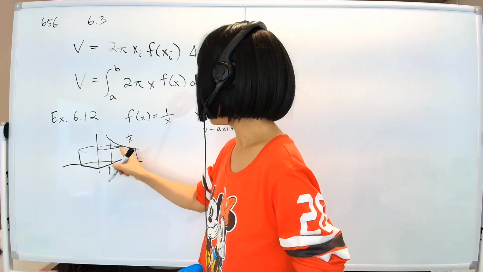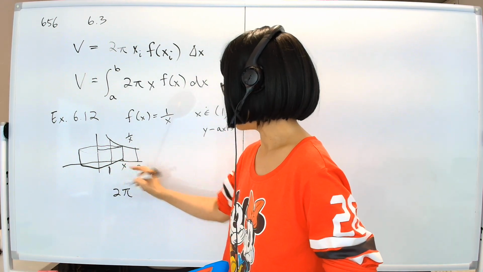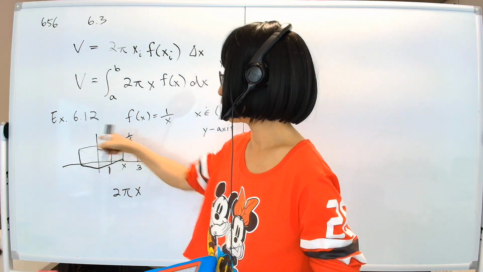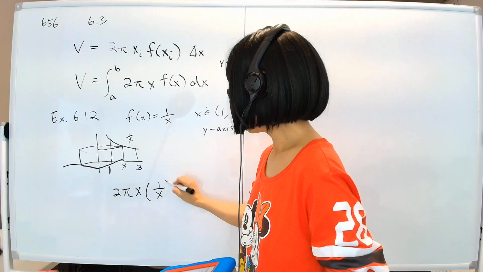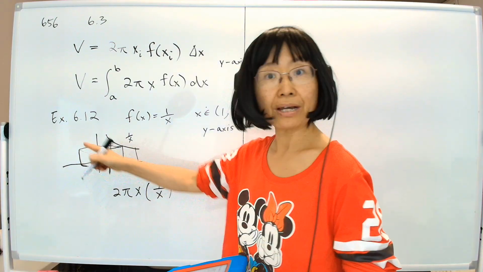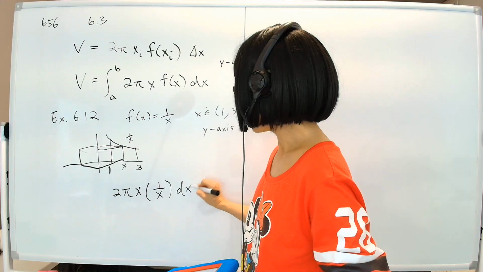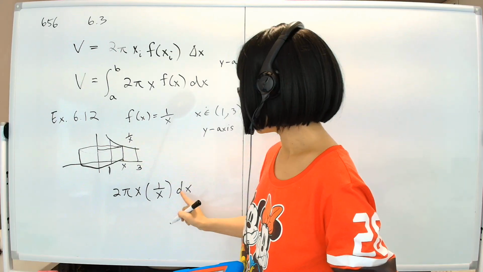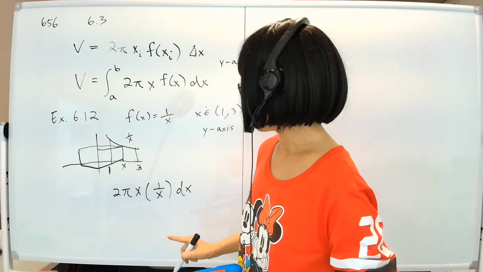The volume is the circumference, 2 pi r, and r equals x, times the height, which is 1 over x, and that's the whole area of the shell, times dx. Delta x is the thickness of the shell, which becomes dx.